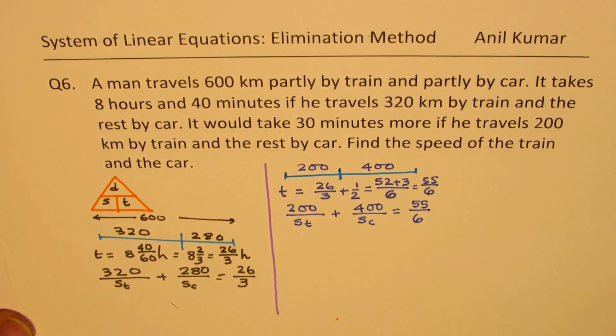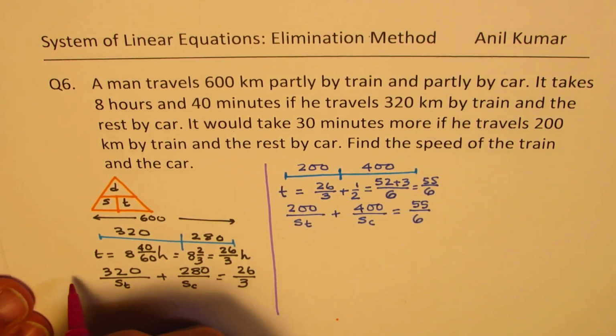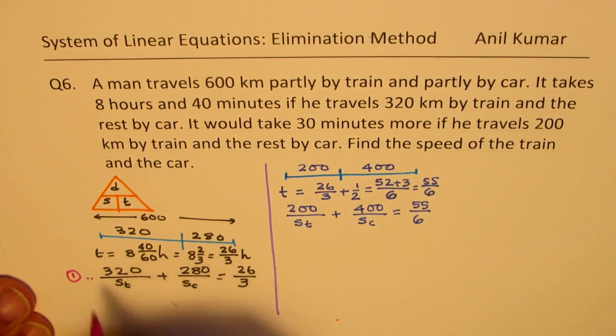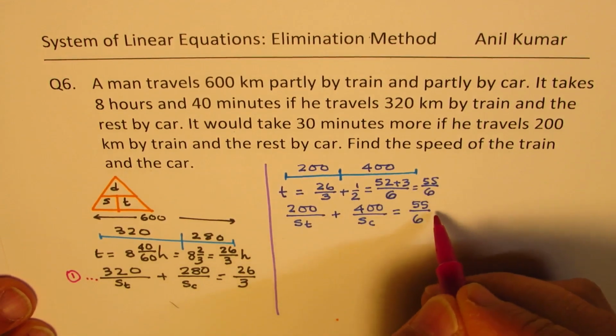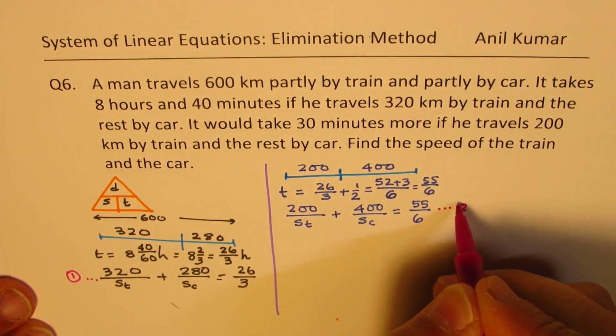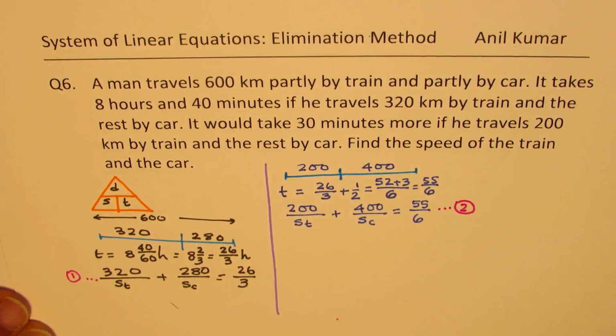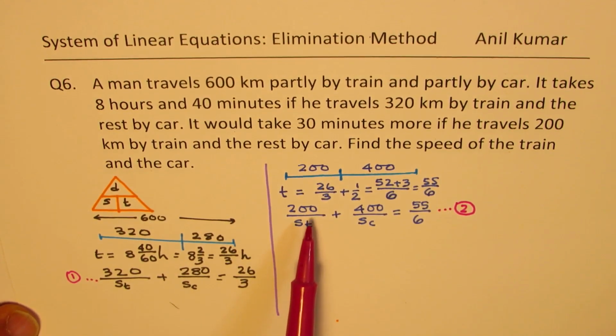So we get our second equation. So we have two equations here and two unknowns. Speed of train and speed of car are the two things which we need to figure out. Now, how do we eliminate one of these? So let's decide to eliminate the speed of train, right?